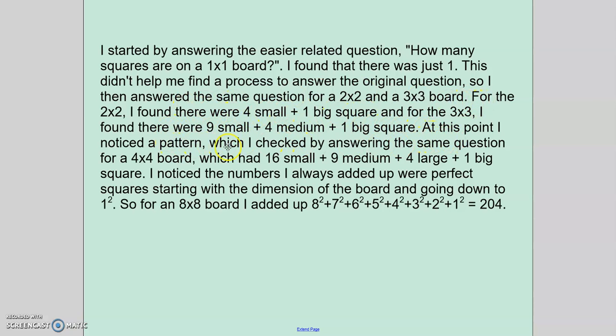At this point, I noticed a pattern, which I checked by answering the same question for a 4 by 4 board, which had 16 small, plus 9 medium, plus 4 large, plus 1 big square. I noticed that the numbers I added up were perfect squares, starting with the dimension of the board and going down to 1 squared. So for an 8x8 board, I added up 8 squared plus 7 squared plus 6 squared plus 5 squared plus 4 squared plus 3 squared plus 2 squared plus 1 squared equals 204.